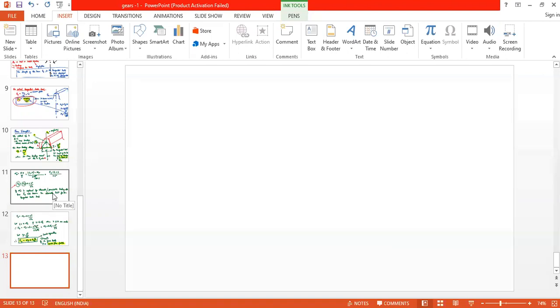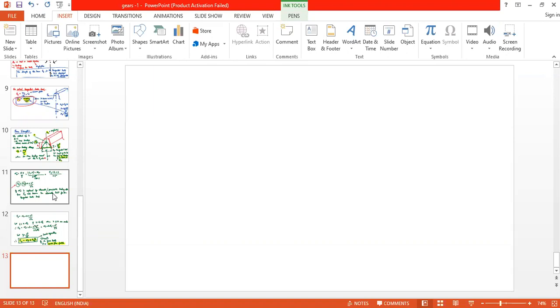The permissible stress in the Lewis equation depends on the material for which an allowable stress may be determined. The allowable static stress is the stress at the elastic limit of the material, and it is also called basic stress.